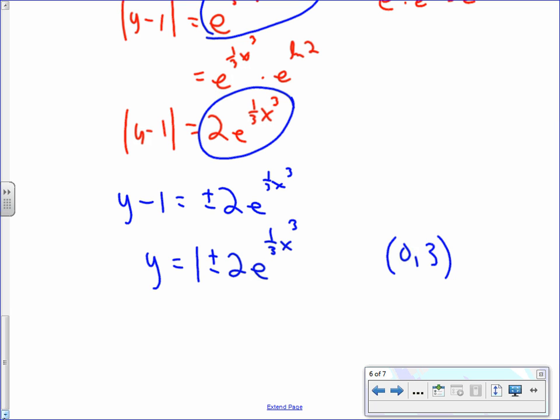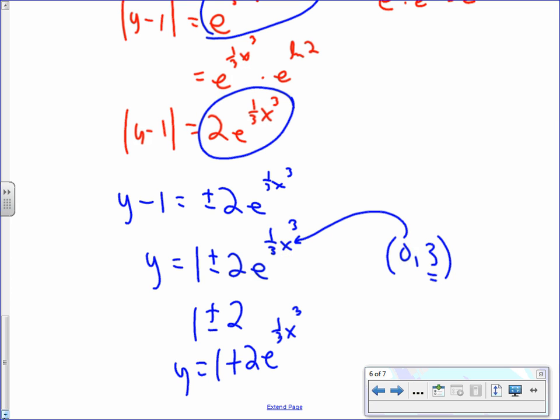So when you plug in the 0 right there, e to the 0 is 1. And in order for us to get 3 out of that, is it going to be the plus or the minus? It's going to be the plus. Sometimes they don't give all the points for that; if you get one of them, plus or minus, then you get everything but 1 point, and then the correct one, you get full credit. That's how these problems work.